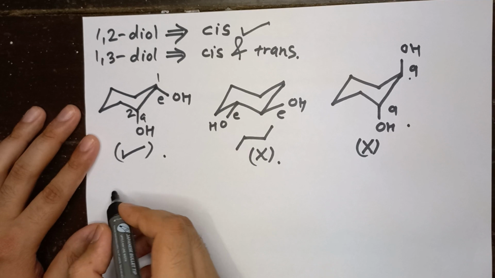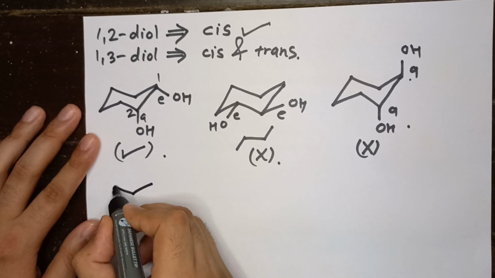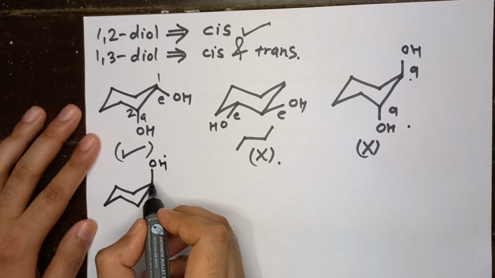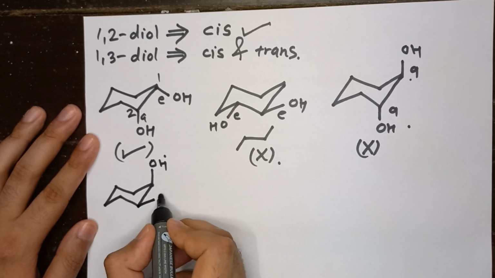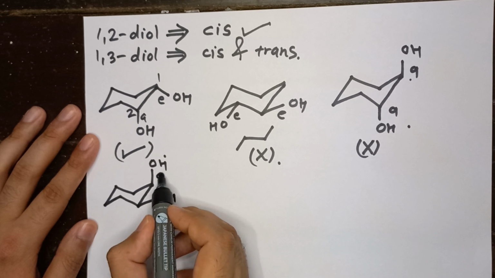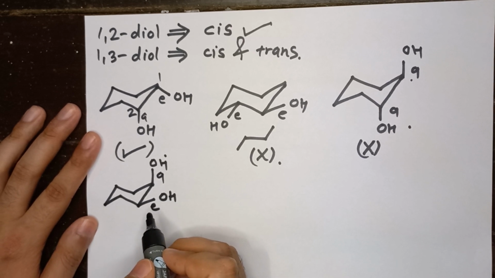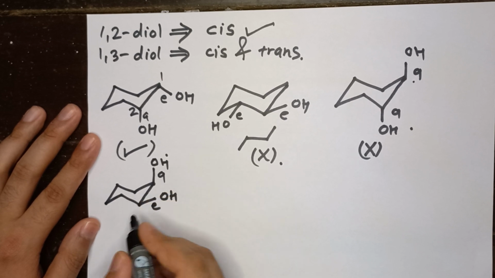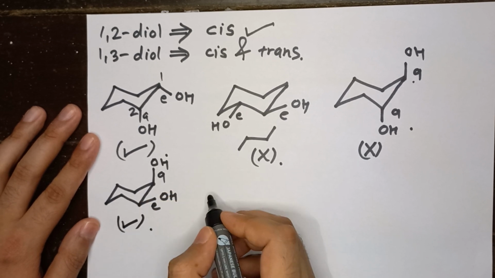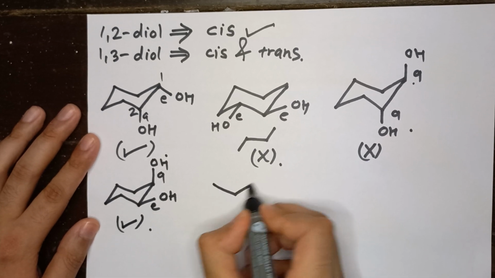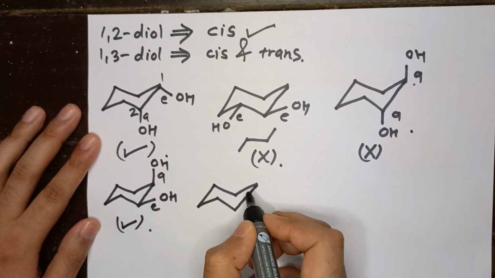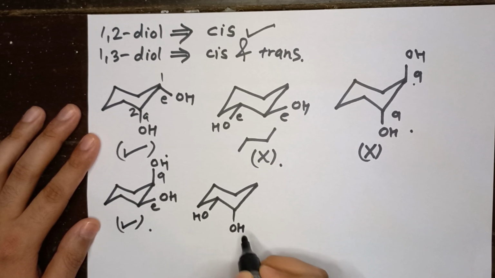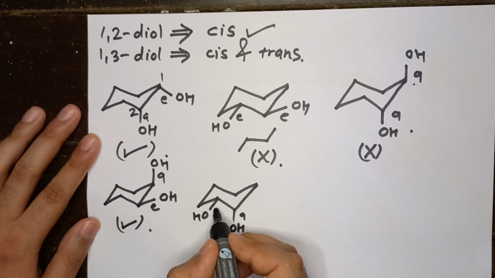What about this one? Basically, I am discussing all the possible variations you can get. So this is axial, this is equatorial. Will I be able to protect it? Yes, I can, because this OH and this OH are facing upwards. So we can protect this diol. What about this one? So this is my axial bond, this is my equatorial bond.